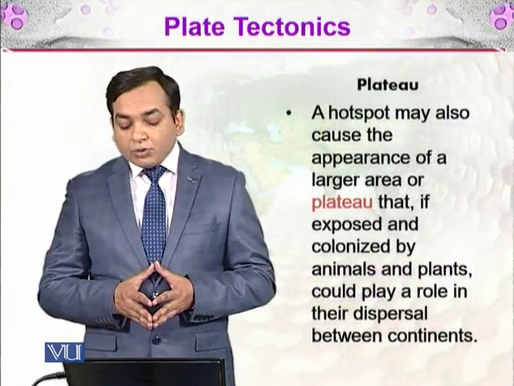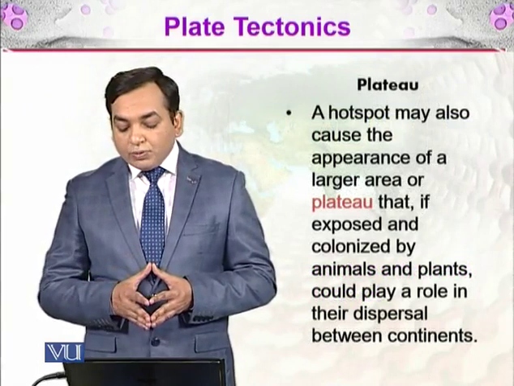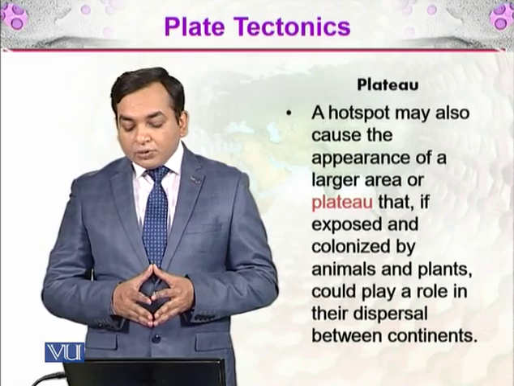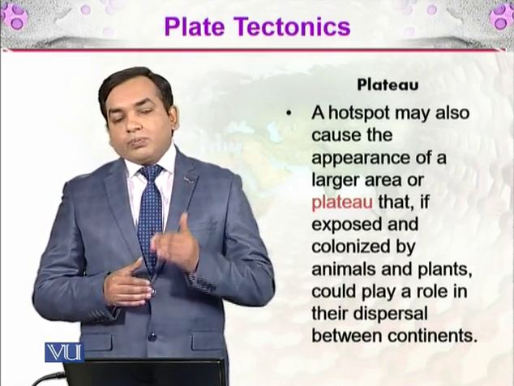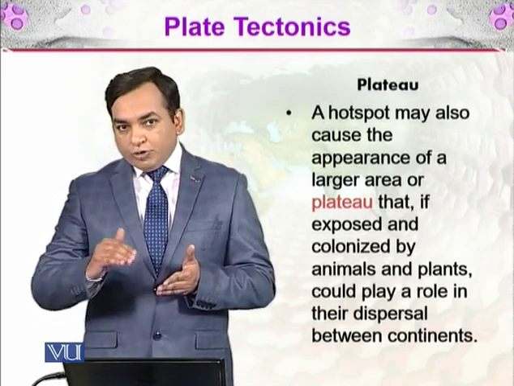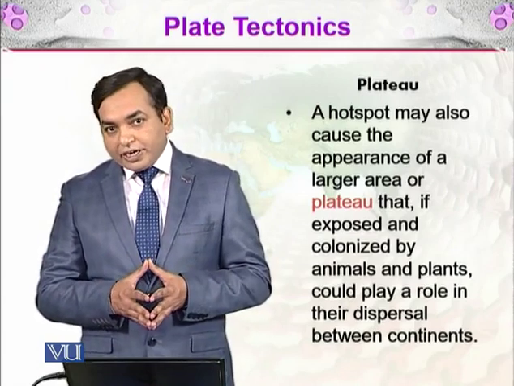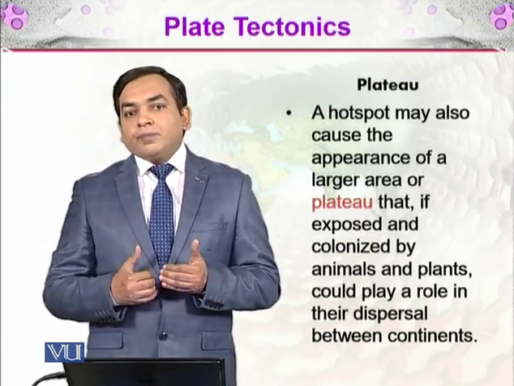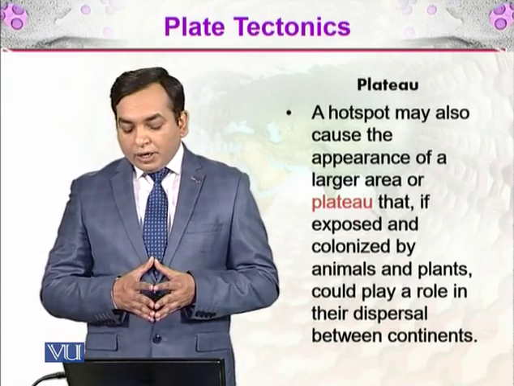A hotspot may also cause the appearance of a larger area, or plateau, that, if exposed or colonized by animals and plants, could play a role in their dispersal between continents. So a plateau is a continuous region which may be formed between two continents, and this results in organisms being able to move from one continent to another.